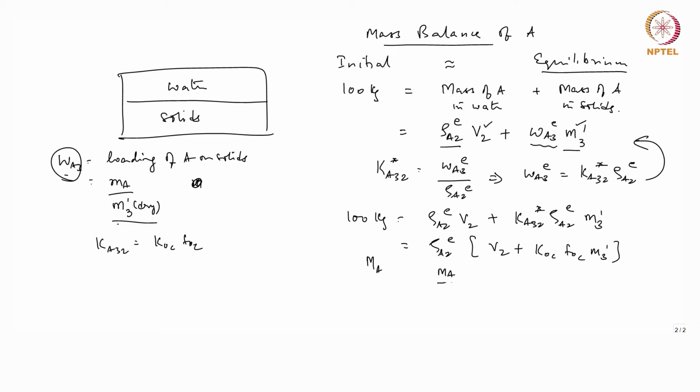This is MA by L cubed times L cubed, plus this is M of A by M of 3 dash into M of 3 dash, divided by KOC, which is WA3 again by rho OC, sorry.